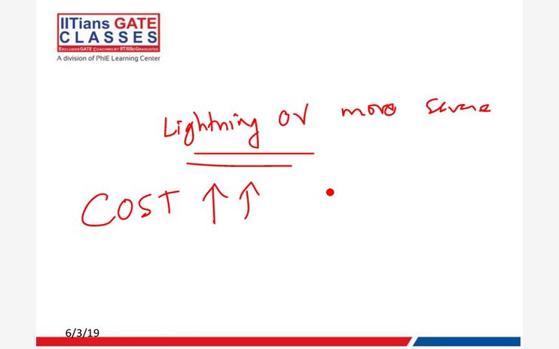So to deal with lightning over voltages, what we do is something called an earth line. Do you know what an earth line is?